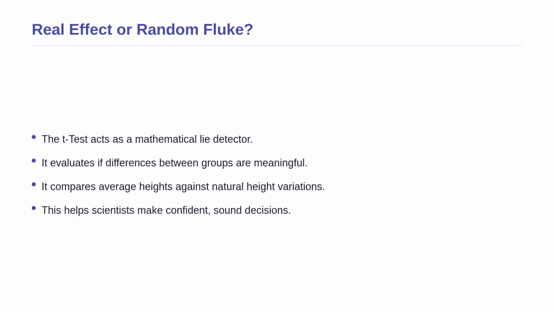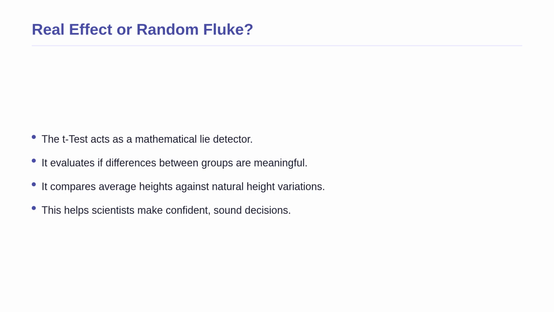Building on our botanist's dilemma, we need a way to separate truth from coincidence. The t-test acts essentially as a mathematical lie detector for our data. It is designed to tell us whether the difference we observe between two groups is a meaningful biological effect or just a random fluke.